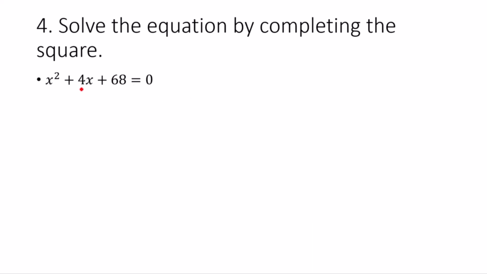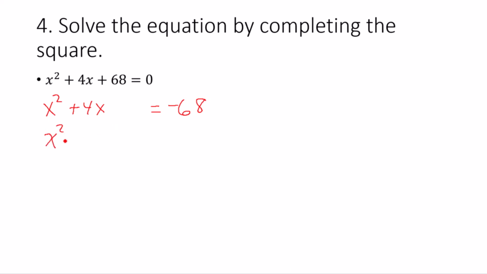All right, step 1, good shape. We've got the 1x squared, but we need to leave some room to complete the square. So leave the x squared plus 4x there. We've got to get rid of the 68, so it becomes a negative 68. Now what's next?